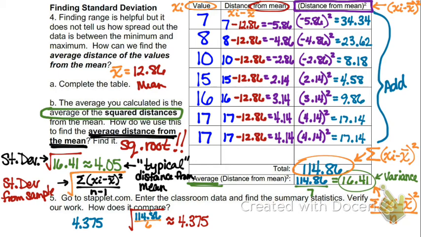And then we will square root that. So what I have there where it says standard deviation from sample, the thing with the orange square root sign over it, this is the important takeaway for how we will calculate standard deviation.